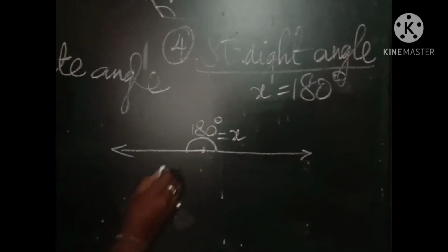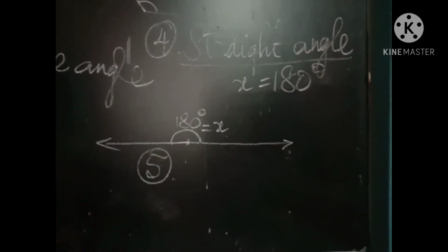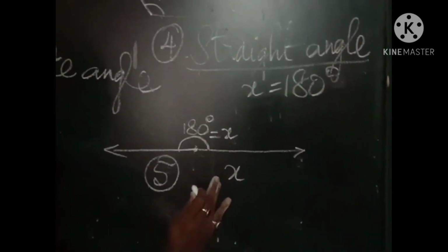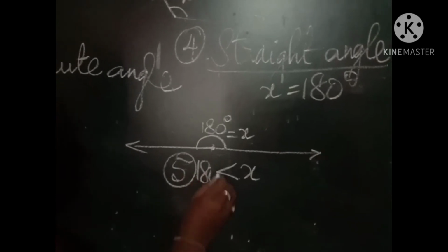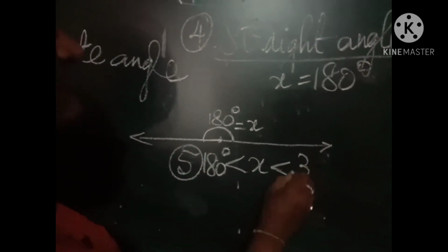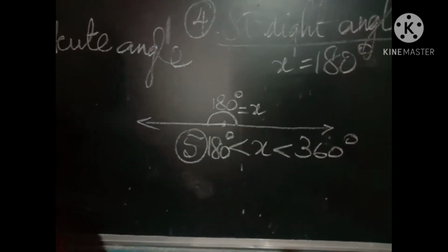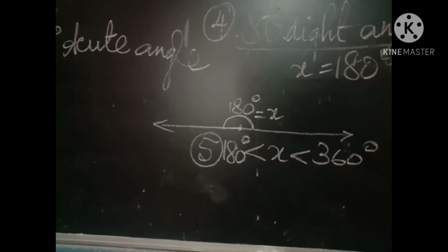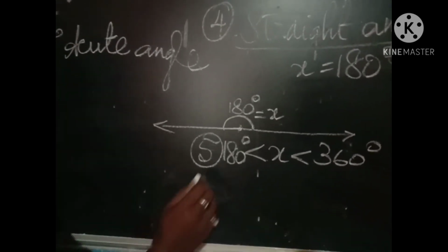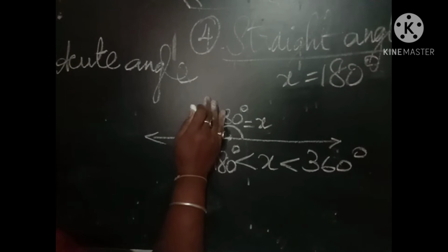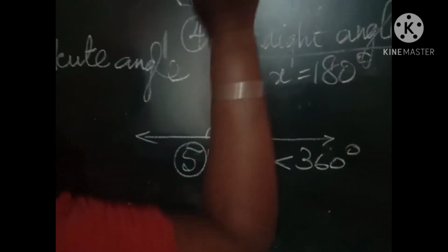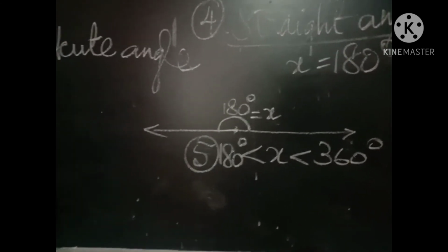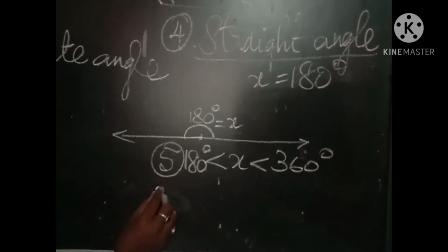Then next comes the fifth angle, which is more than 180 and less than 360 degree. What is that called? First is acute angle, next right angle, next obtuse angle, straight angle, then next comes a reflex angle.